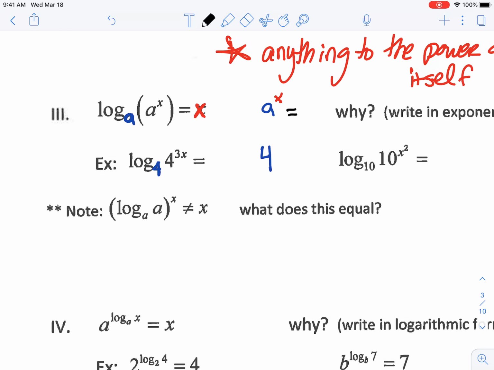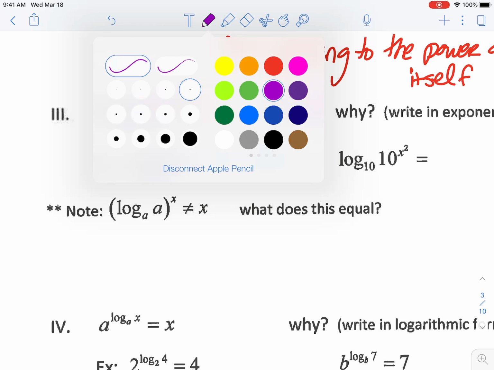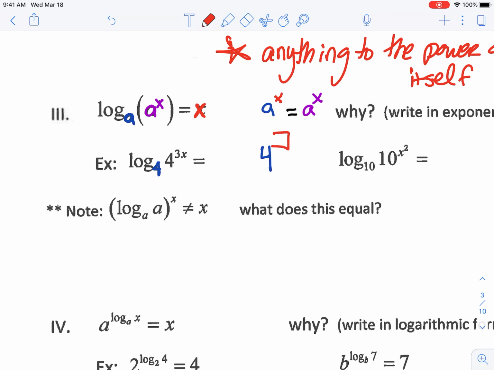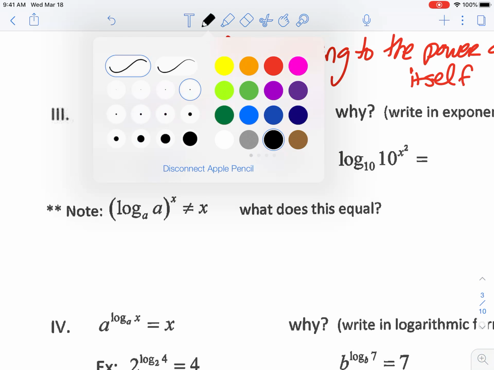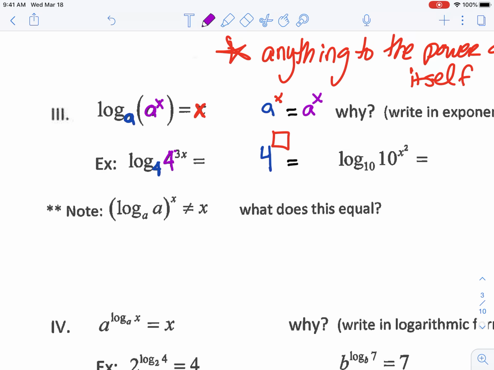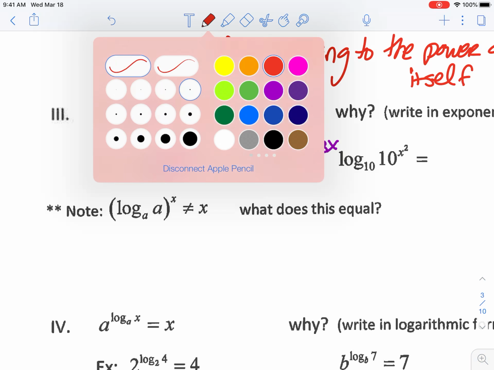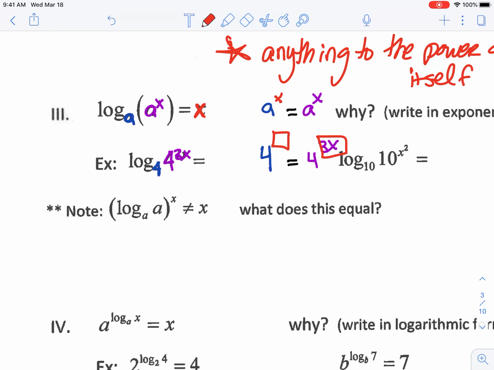Then I have an equal sign, and it clearly turns out to be that a to the x. So here, I don't know this right now, but I know that it equals 4 to the 3x. So now I know that that 3x goes in this box. So I get 3x as the answer.